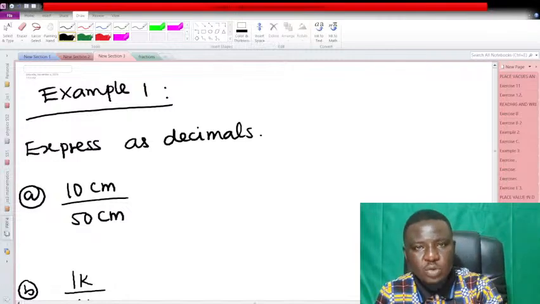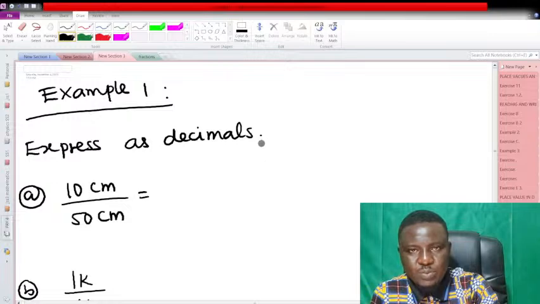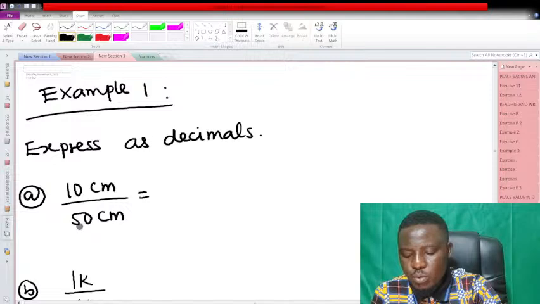Just like what I told you, how do we express as decimals? You multiply the denominator by a factor that will make it a multiple of 10. When you multiply 50 by 2, it gives you 100. So we'll also multiply the numerator by 2 and the denominator by 2.